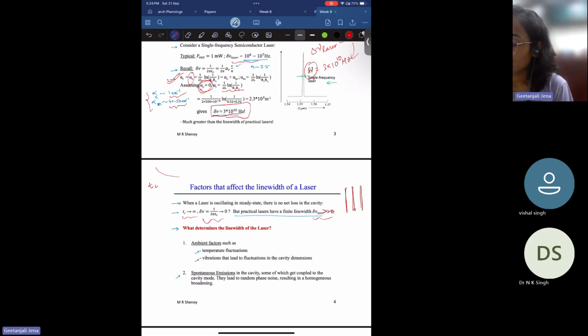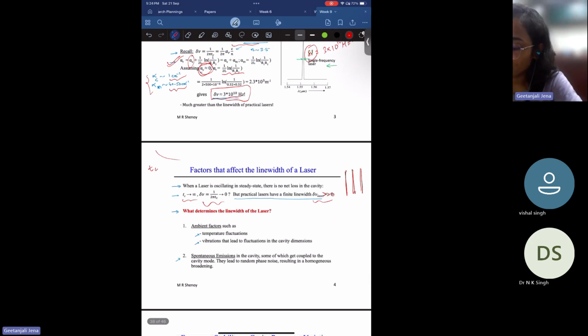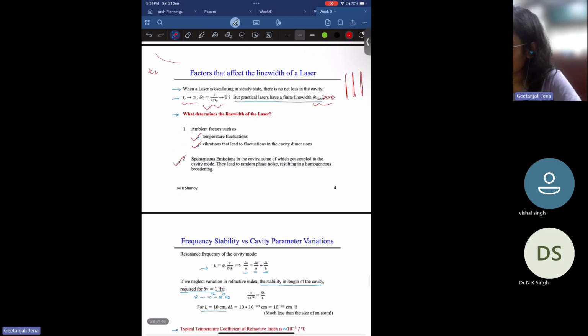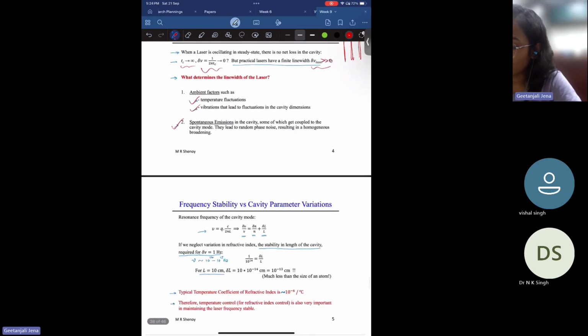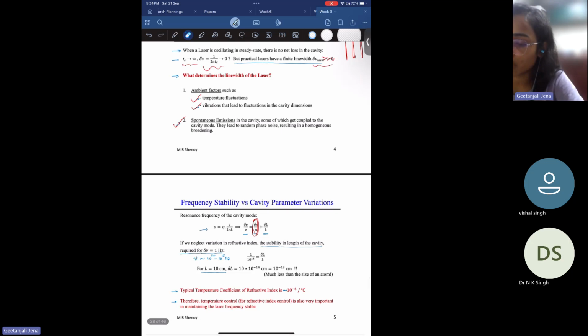It is not small. The factors that affect it are the temperature fluctuation, the dimensional uncertainty, and the spontaneous emission process. The temperature fluctuation is embedded in the refractive index, so the refractive index will change with respect to temperature.